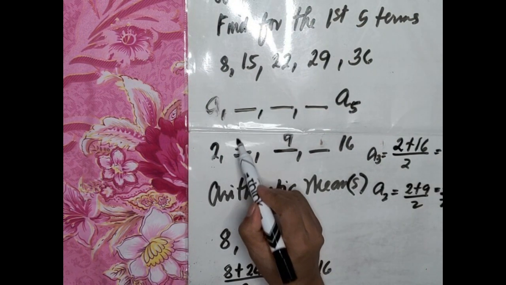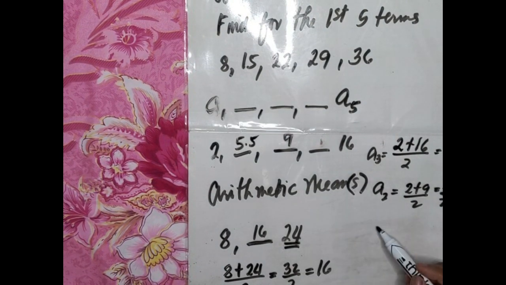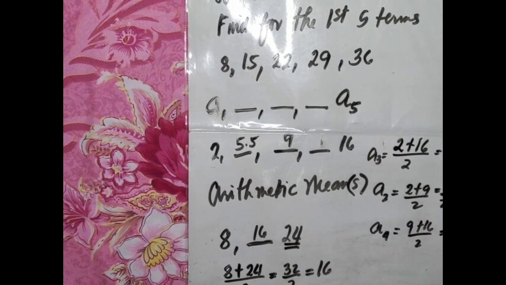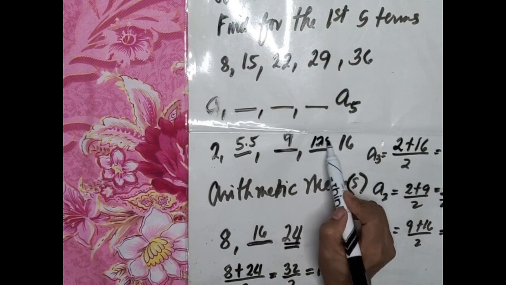So, you write here your 5.5. What is 9 plus 16, the a sub 4? Divided by 2. So, that is 25 divided by 2, and that is 12.5. So, our fourth term is 12.5.